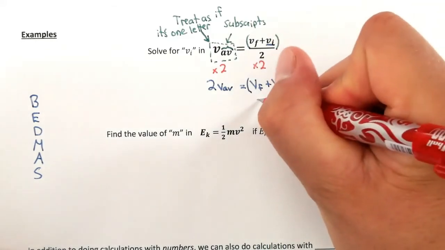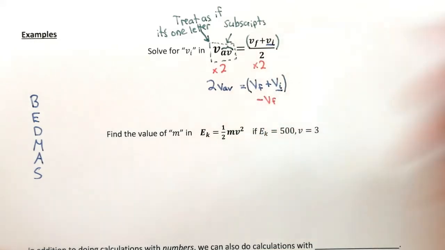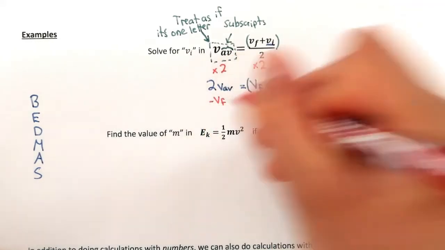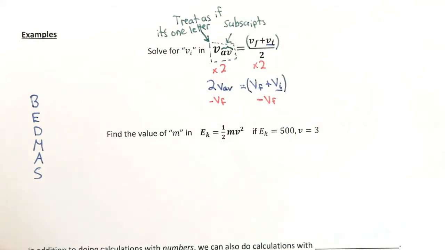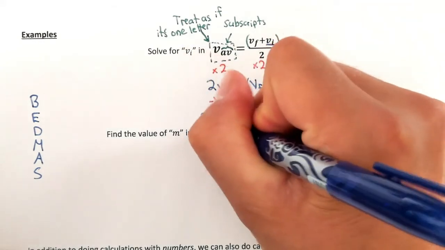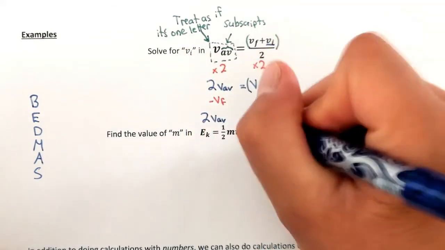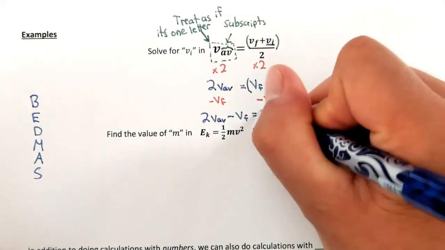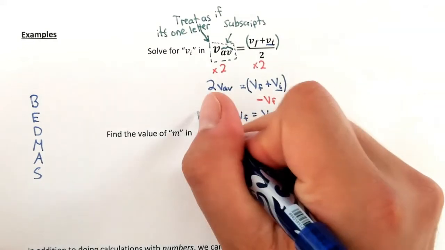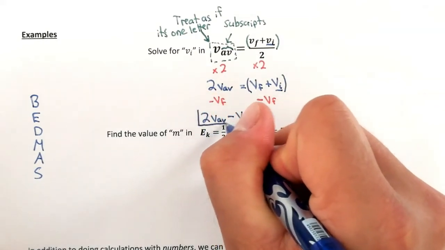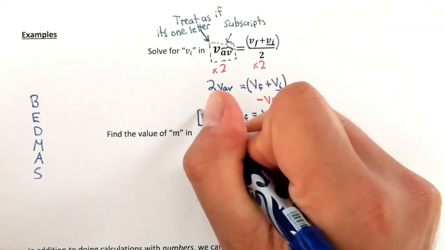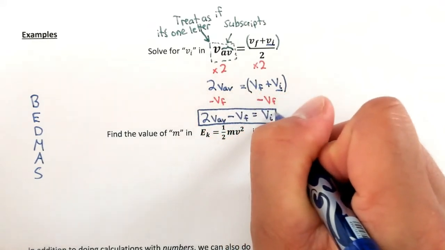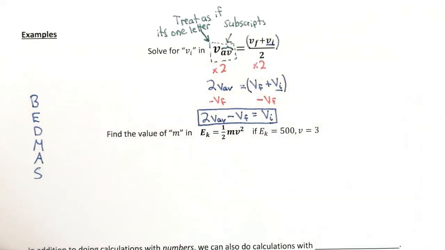To undo that, I'm going to subtract VF from both sides. And that gives me 2 times VAV minus VF equals VI. And we are done.